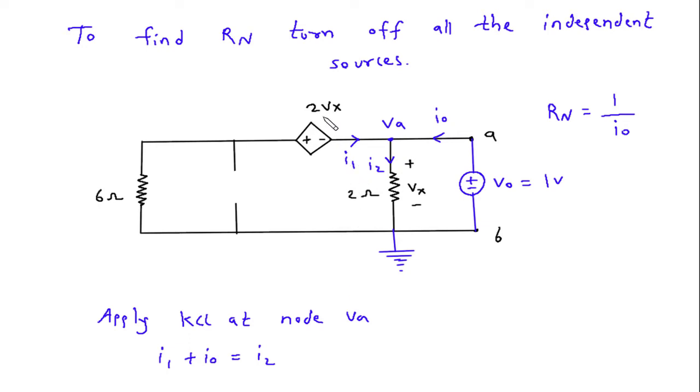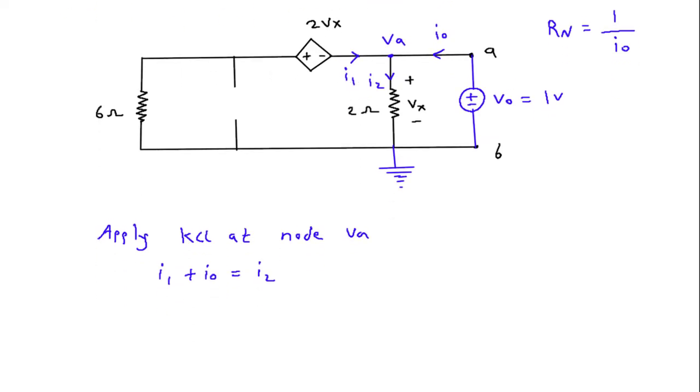I1 will be, this will be 2Vx minus VA, so 2Vx minus VA by 6, then plus IO, then is equal to I2. Now I2 is VA minus 0 by 2.